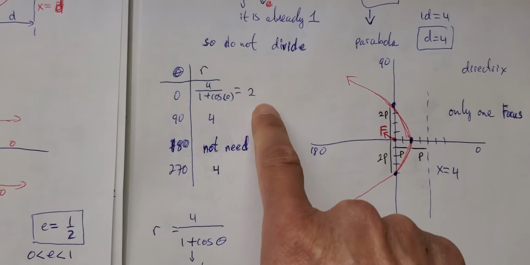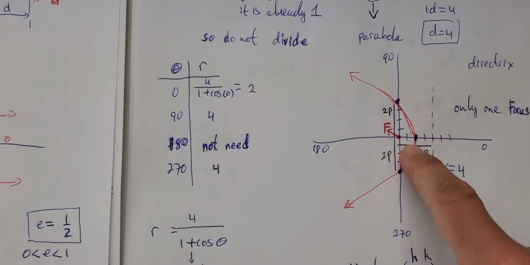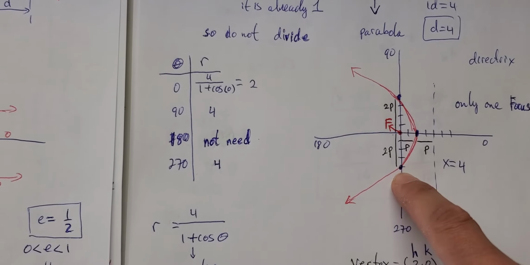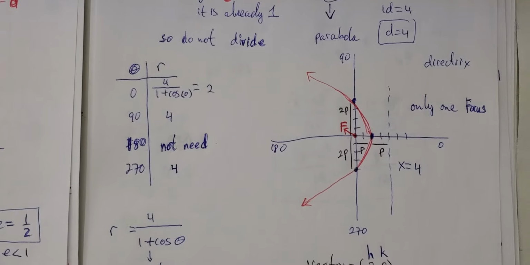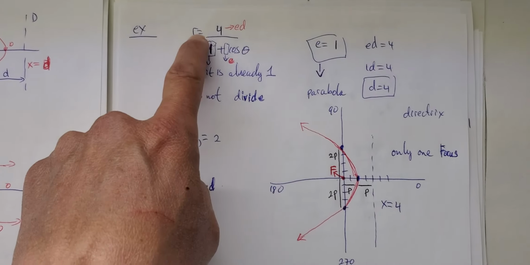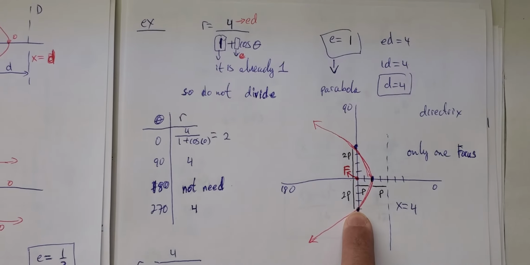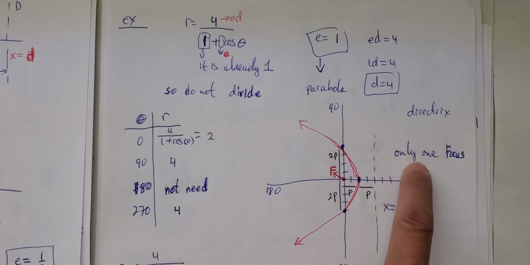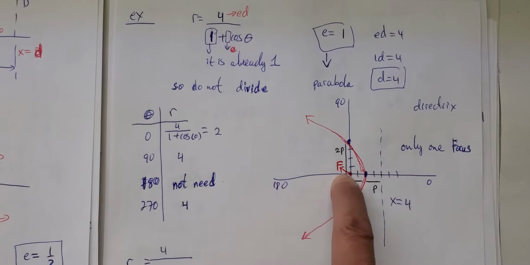So there are our 3 points, 2, 4, and 4 here. That is a rough sketch of the parabola. Now with a parabola, there's only one focus, which is always right there.